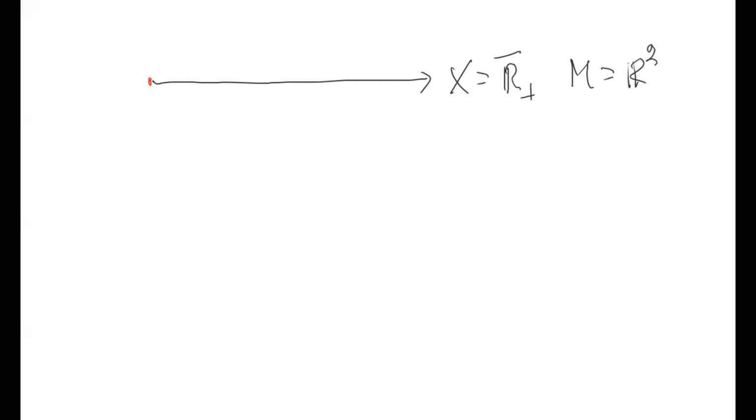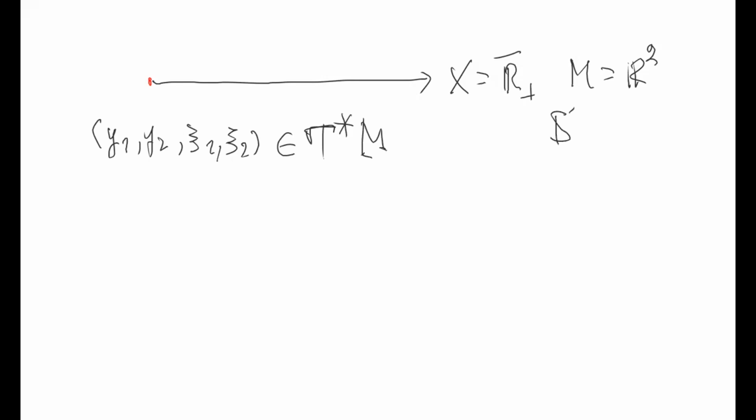Let me denote the coordinates on the cotangent bundle by y1, y2, psi1, psi2. Then what is the momentum map associated with the action of the group S1 by rotations? The momentum map is just represented by the momentum p phi, which is y1 psi2 minus y2 psi1.